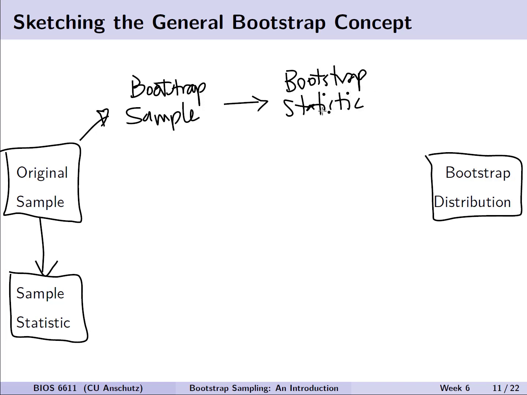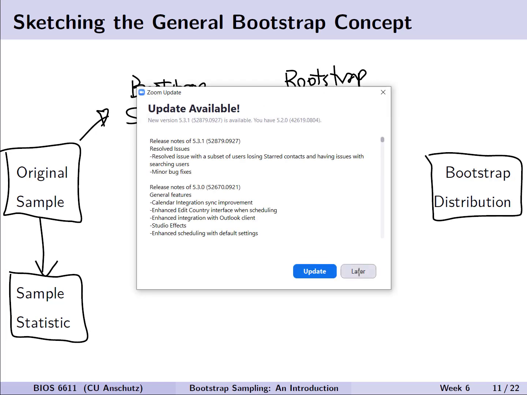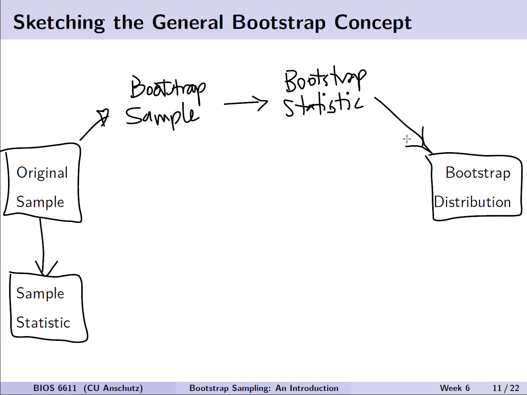And from this bootstrap statistic, we are then going to combine them into a bootstrap distribution. Obviously, at first, we just have one bootstrap sample and one bootstrap statistic. So we want to take a second one, and from there we'll get a new bootstrap sample, calculate a new bootstrap statistic, and then add that to our bootstrap distribution.